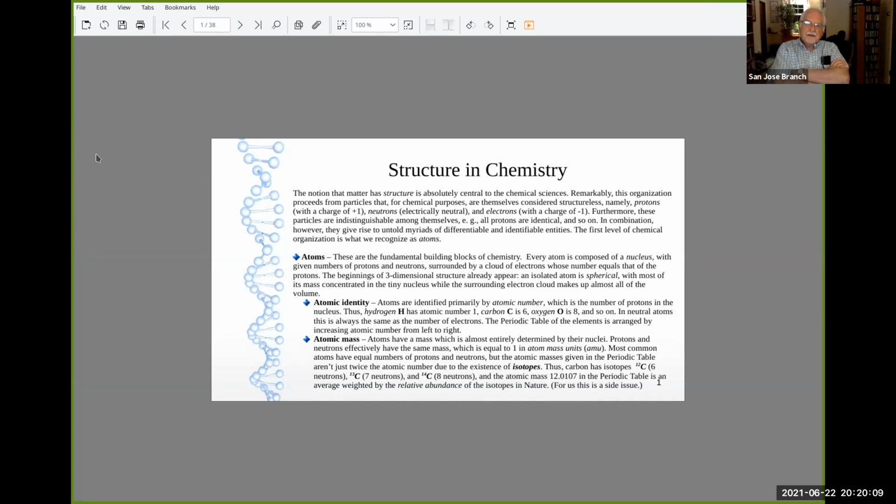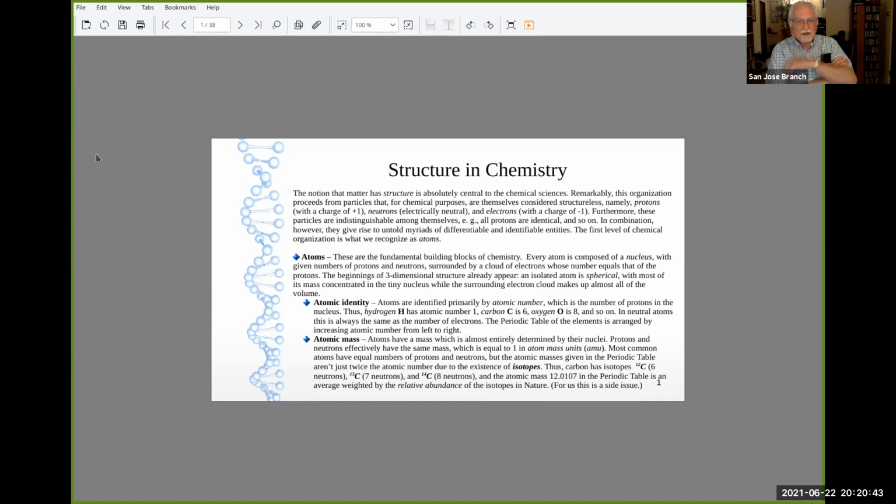And to me, going down to the fundamentals, it's remarkable that this whole structural organization of matter starts with particles that, from a chemist's point of view or a biologist's point of view, are structureless themselves.